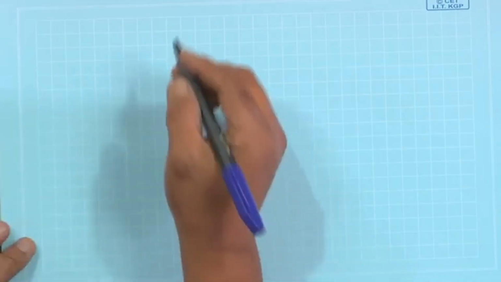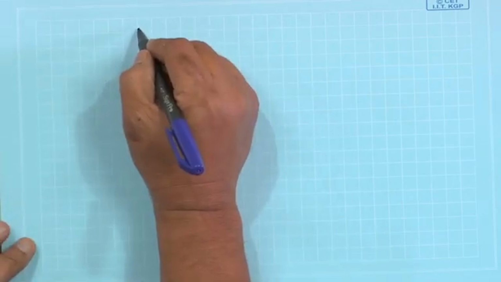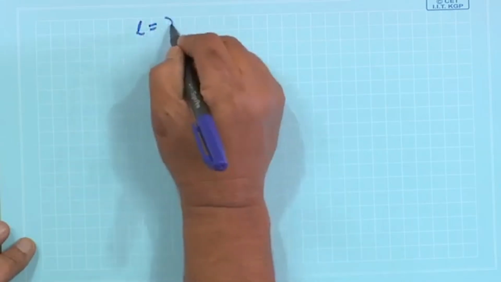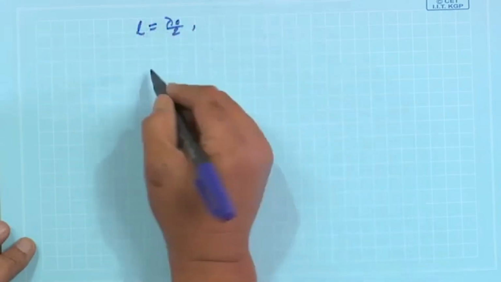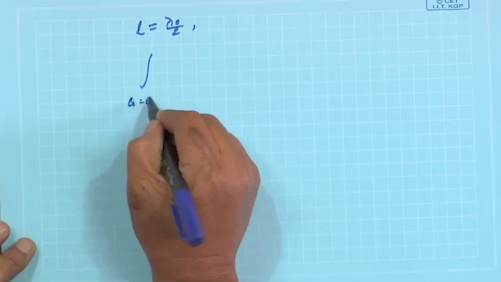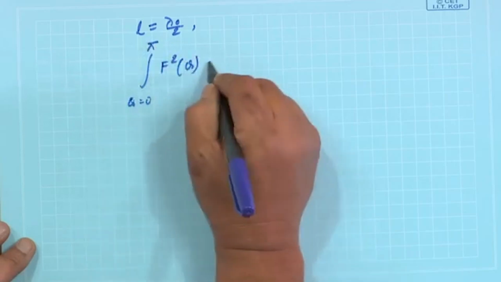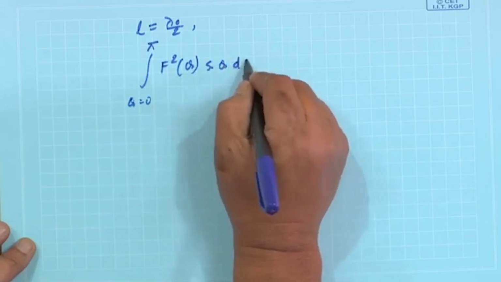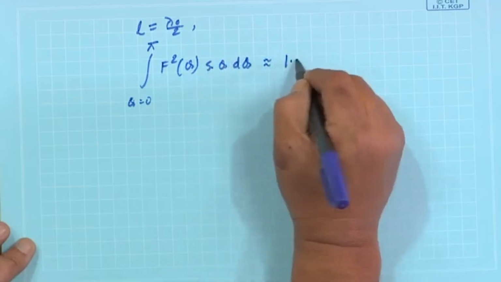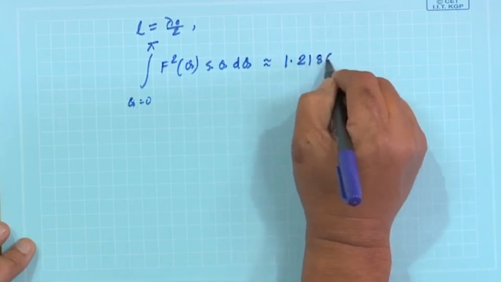So, for a half wave dipole, that means if we have L equal to lambda naught by 2, this integration, theta from 0 to pi of f square theta sin theta d theta, can be integrated, and the value is this.